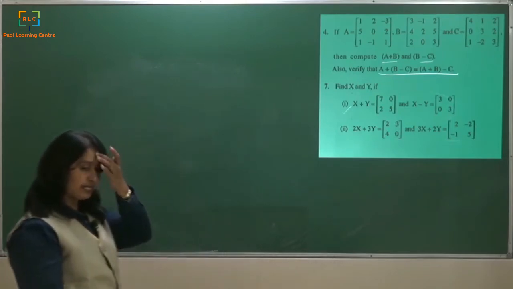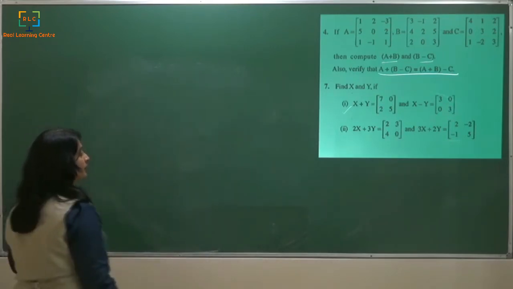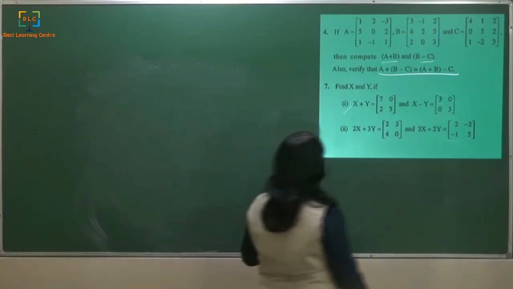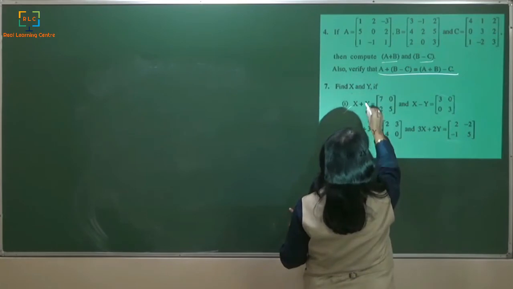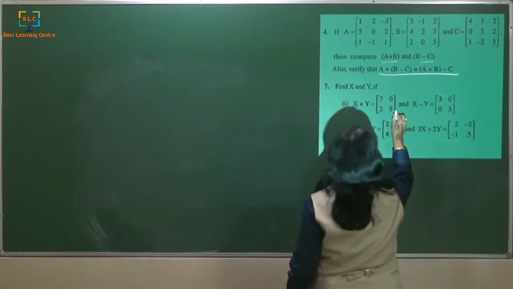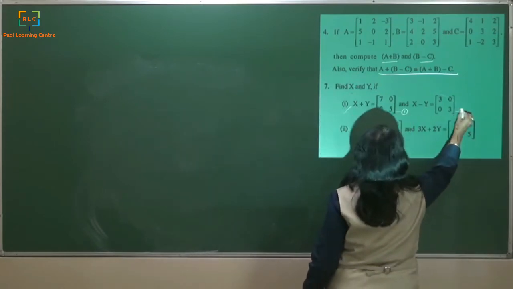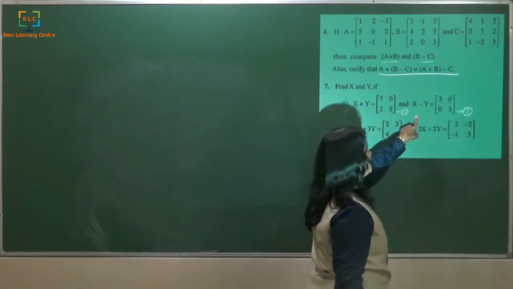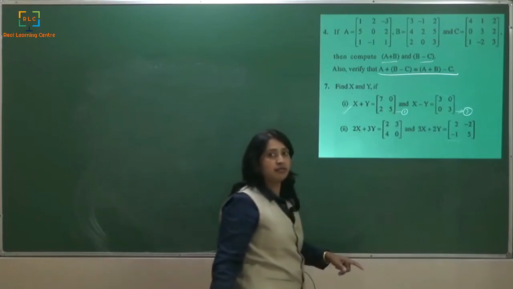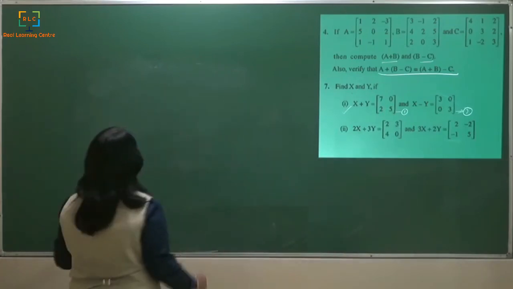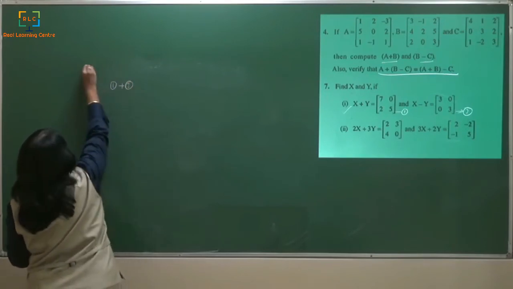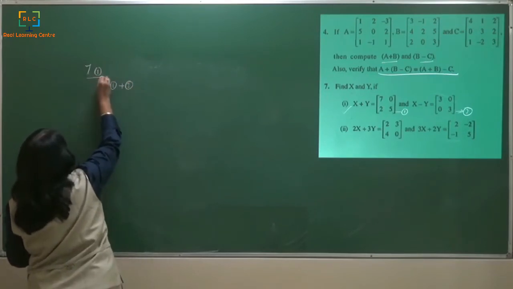Okay, now I have: find x and y if x plus y and x minus y are given. What I do here is I shall call this equation number 1 and this equation number 2, and I see directly that I have plus y and minus y. So if I add these two statements, plus y and minus y will get cancelled. So I shall do equation number 1 plus equation number 2 for the first sub-question.